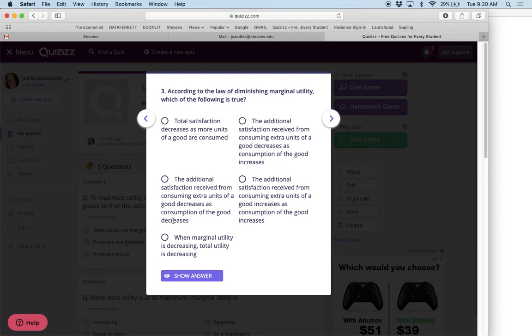No, as consumption of the good increases, the additional satisfaction decreases. So this is false. When marginal utility is decreasing, total utility is decreasing. No, that's not true. Total utility keeps increasing. The additional satisfaction received from consuming extra units of a good decreases as consumption of the good increases. That's the answer.